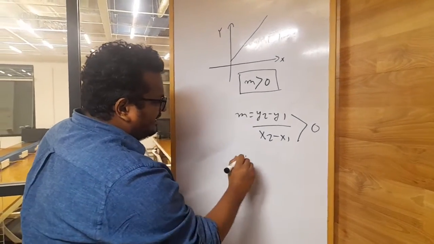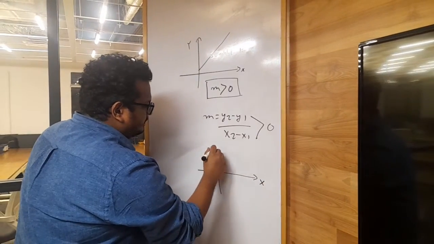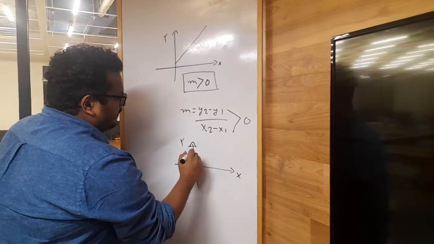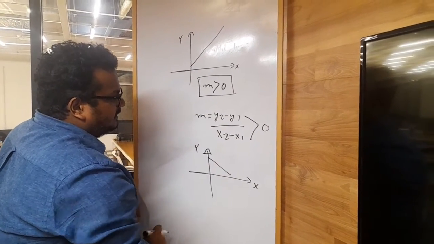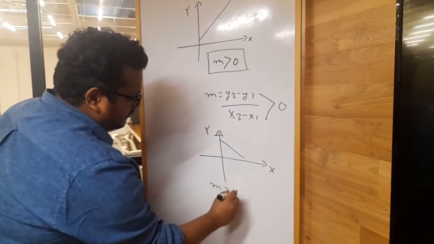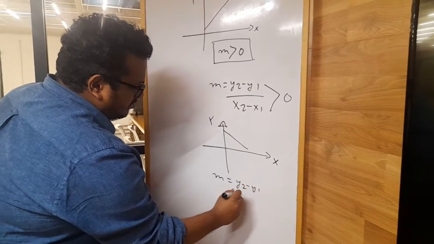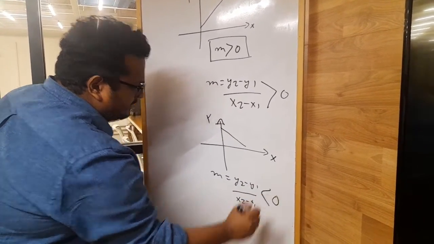However, for a descending straight line, that is, with the increase of x, the y keeps decreasing, m, that is y2 minus y1 divided by x2 minus x1, will always be less than 0.